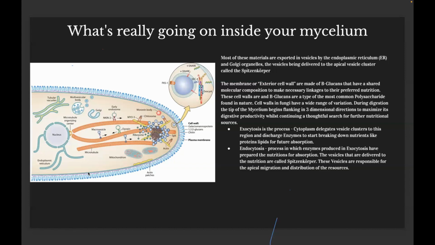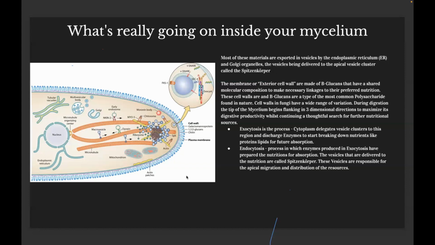And that cytoplasm delegates nutrient vesicle clusters to a region where it knows there's food to discharge enzymes. These enzymes come out of the cell wall and start breaking down the nutrients that it wants to absorb. Like oils, proteins, minerals, those kinds of things, it's breaking those down, creating those little chains across those molecules.